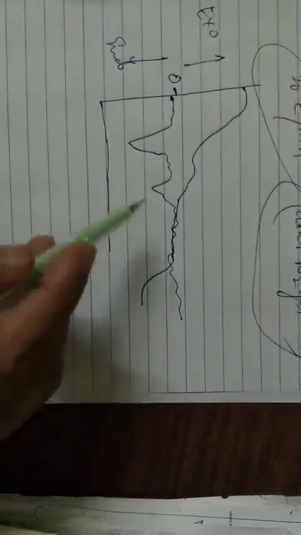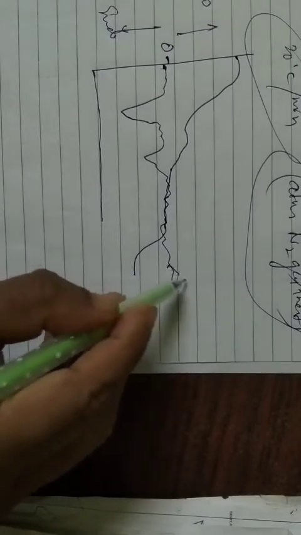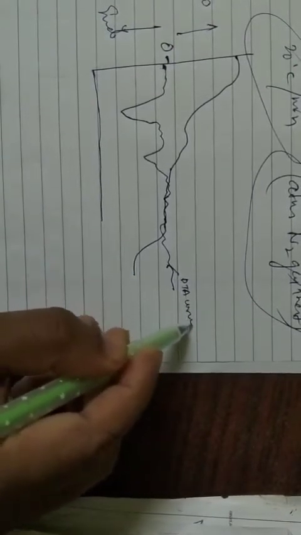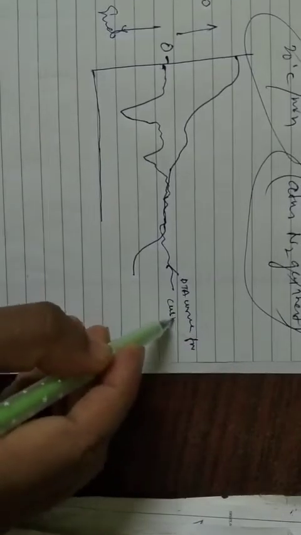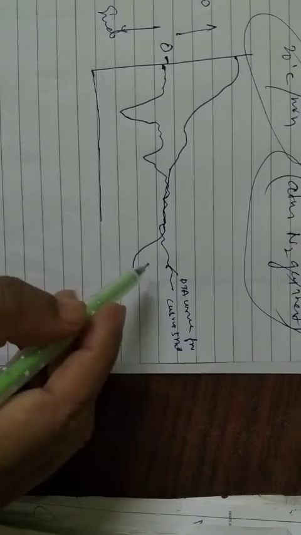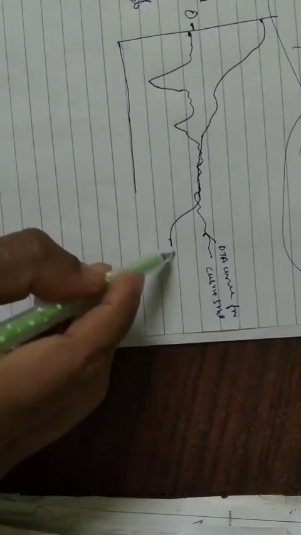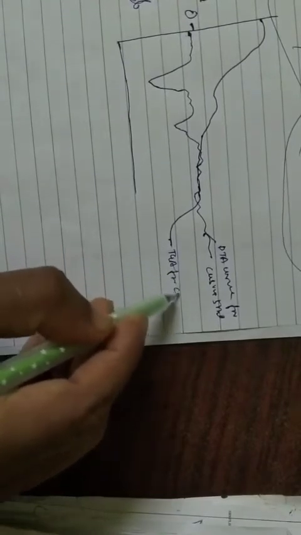So this is somewhat the copper sulfate curve we get here. Now this is the DTA curve for copper sulfate pentahydrate, okay. And this is your TGA for copper sulfate. This is a TGA for copper sulfate pentahydrate.